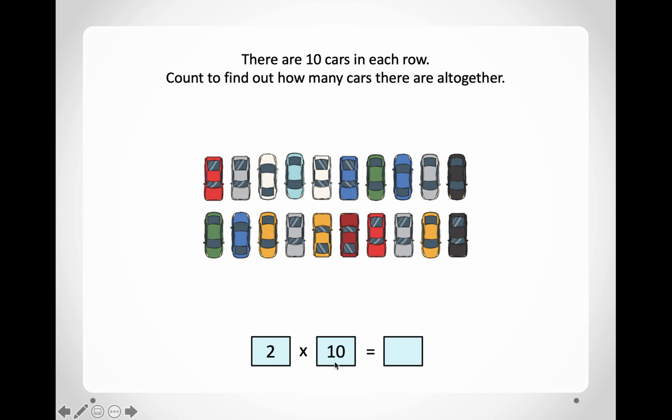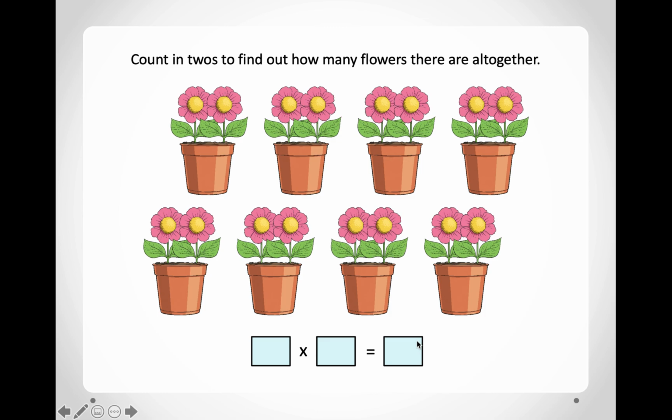So we say 2 times 10. And if we want to find out the answer, we can count in twos. Remember my trick I taught you? Okay, 2, 4, 6, 8, 10, 12, 14, 16, 18, 20. So our answer is 20.